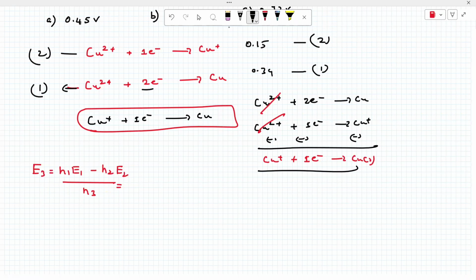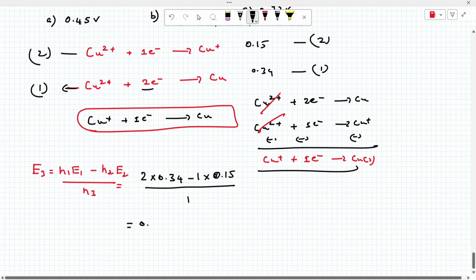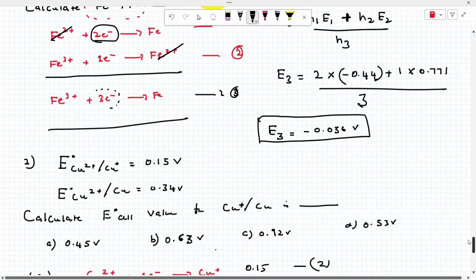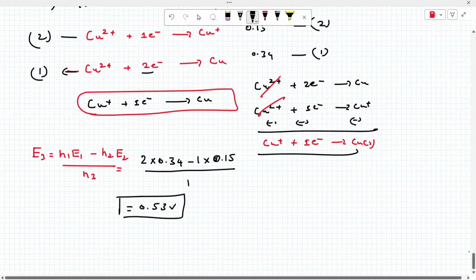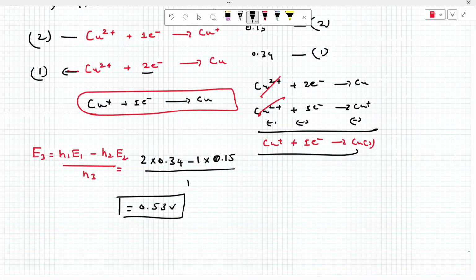So 2 into 0.34 minus 1 into 0.15, divided by N3 value 1. The answer is 0.53; solve it yourself. Understood? It is purely based on the equations. Damn sure, they will ask questions based on this. Please note.